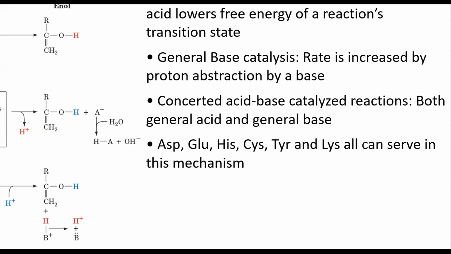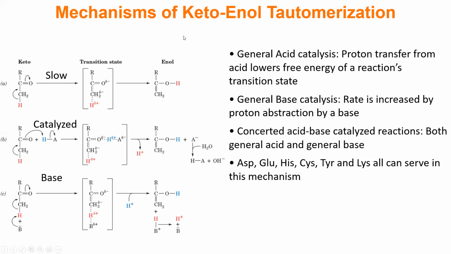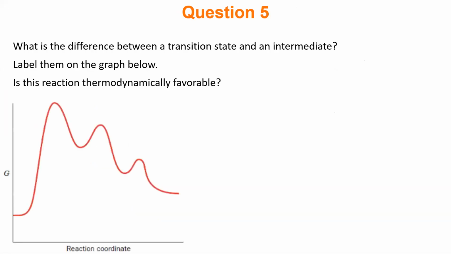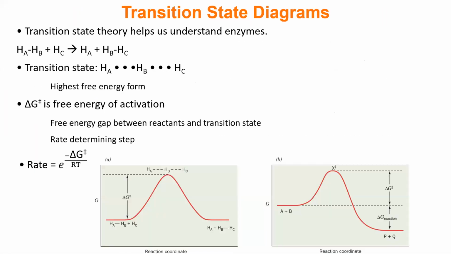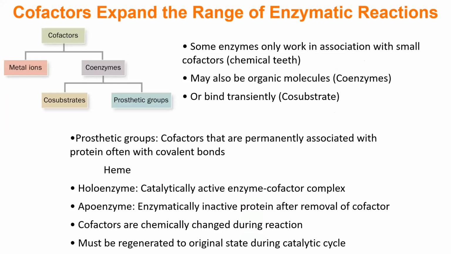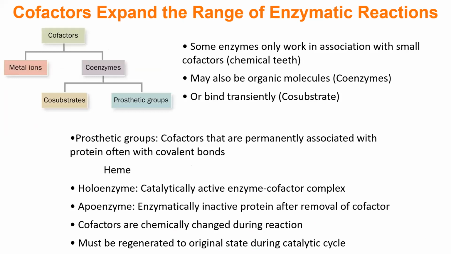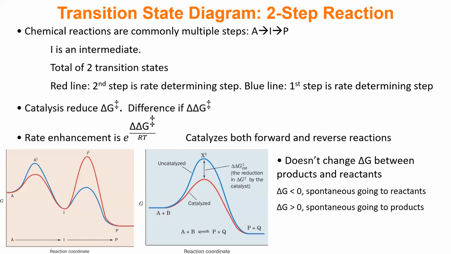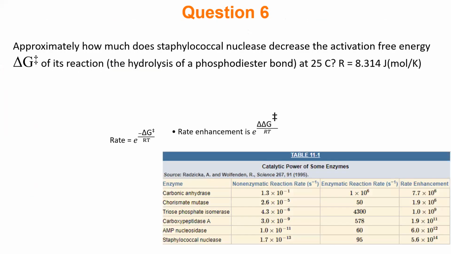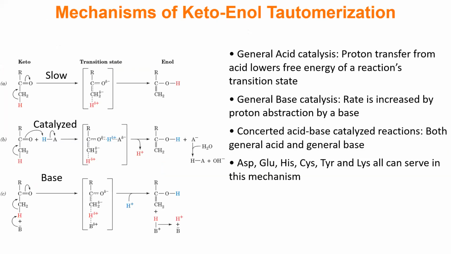And if you remember from Wednesday, we have been talking about enzymes. So we looked at the basics of enzymes, how they bind their substrates. We looked at cofactors, looked at transition states. And then we ended on Wednesday with doing some math.